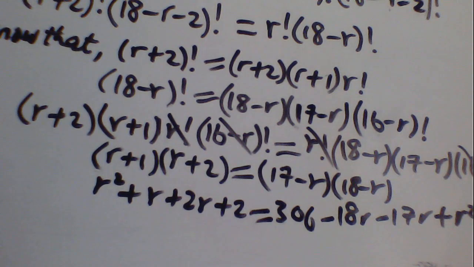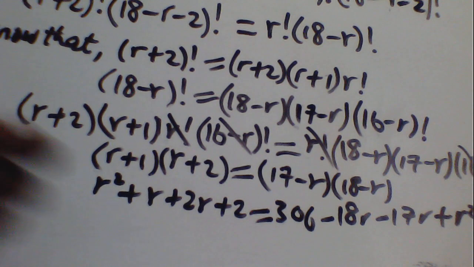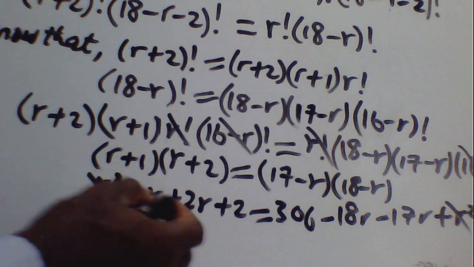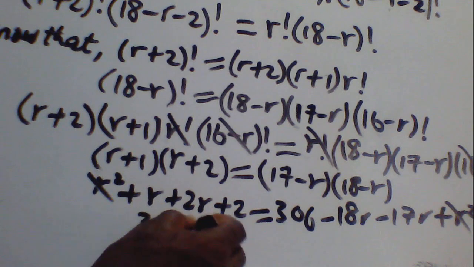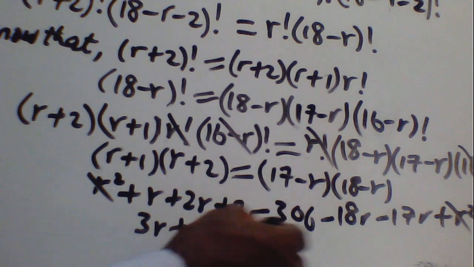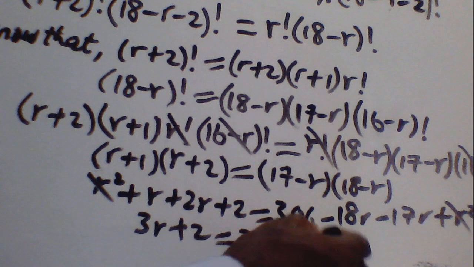Notice there are some terms on the right hand side equal to terms on the left hand side. R squared will cancel R squared as well. Combine like terms: R plus 2R gives 3R plus 2 is equal to minus 35R.